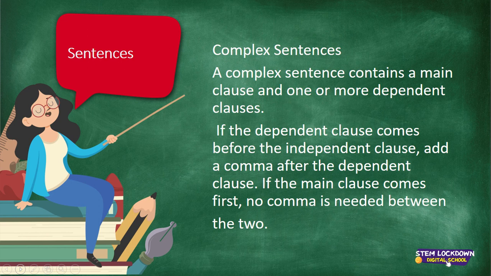Okay, that seems a bit complicated, but let's just break it down for a moment. An independent clause and the main clause are the same thing. So what we refer to is a sentence that can stand on its own and it makes sense. So if you did not continue, that would make sense. So dependent clause, main clause, think of simple sentences.